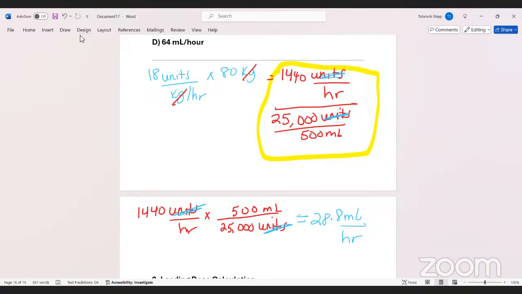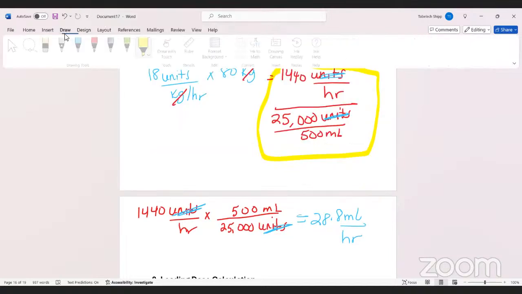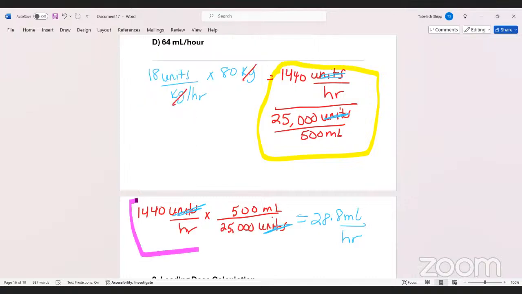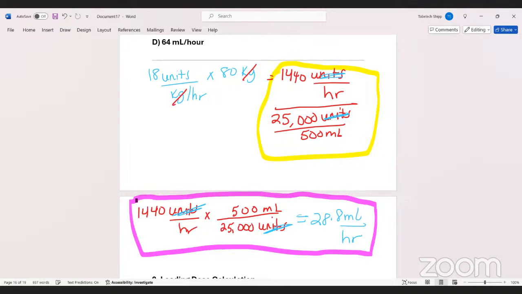Or you can do it this way. And let me box that in a different color. Okay, so you can do it one of two ways, either the yellow color way or the pink color way, whichever one you like. Y'all tell me which color you like better. And then we're going to do it that way.